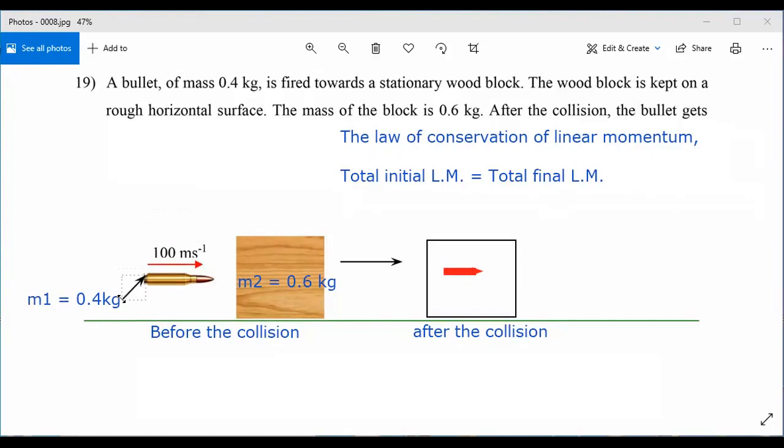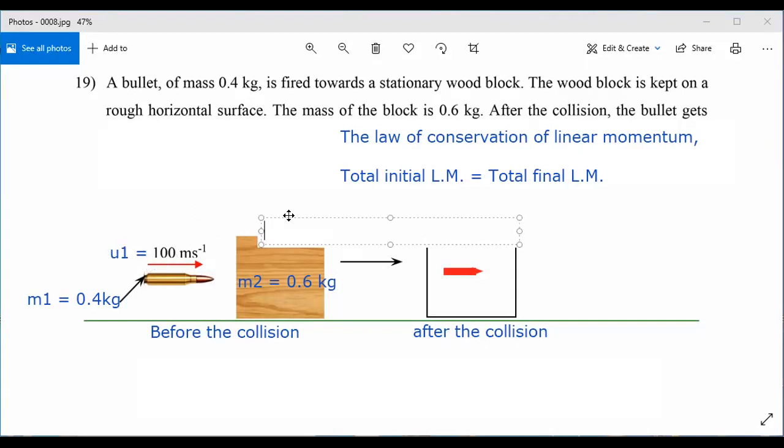What is its velocity here? 100 meters per second. So let me use the letter U1 to indicate it. So velocity of the bullet before the collision is 100 meter per second.